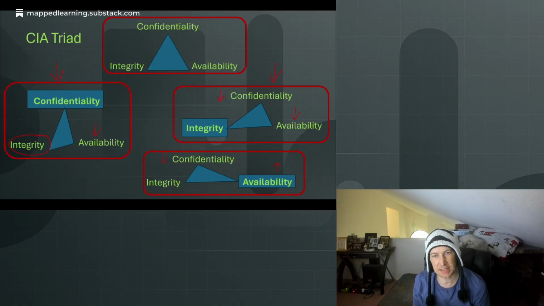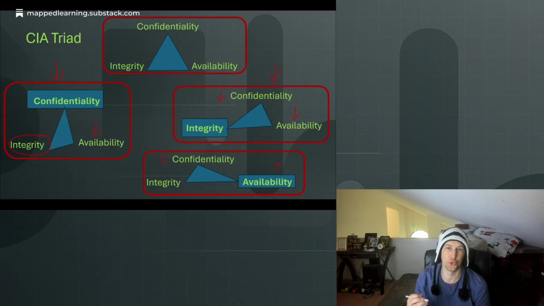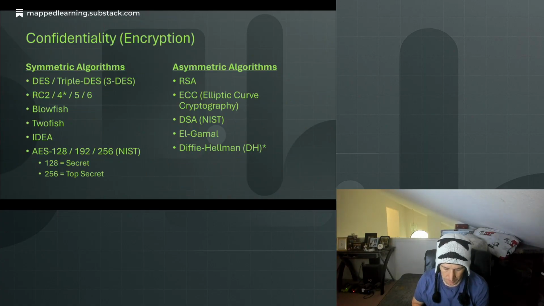And that is exactly the concept of availability as it pertains to confidentiality. And of course, we are also going to slightly impact integrity. These are not exact, and you can have different ways that they impact each other, but this is just a very rough outline of what happens in reality.